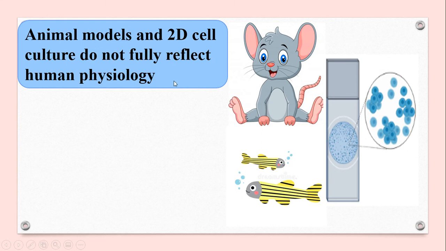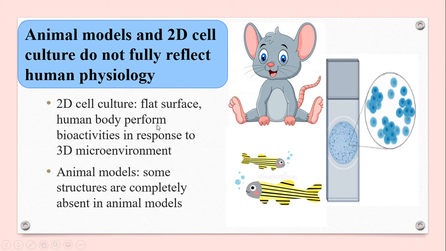They do provide some understanding of human physiology, but ultimately, they do not fully reflect it. An inappropriate model can give inaccurate positive results and failure in the clinical trial or unexpected side effects in humans. This brings us to the urgent need of creating physiologically relevant 3D organoids, as cells in the human body perform bioactivities in response to the 3D microenvironment.